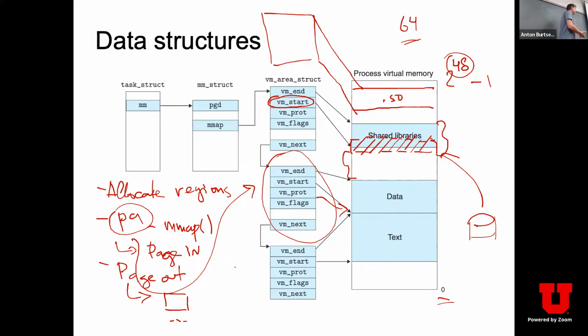So the page might be mapped into multiple address spaces, and you have to figure out all the address spaces in which the page is mapped. Why is that? Because if you want to take this page down, you have to update the page table of every process and mark it as unmapped or invalid, not present. And that's an operation which requires you to be able to resolve, from a single page, all address spaces.